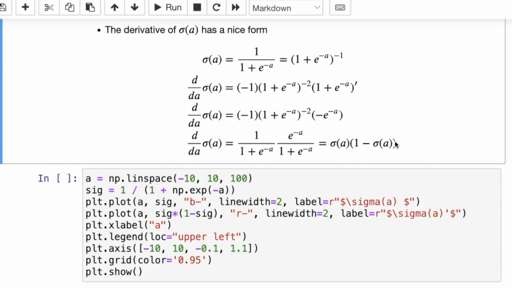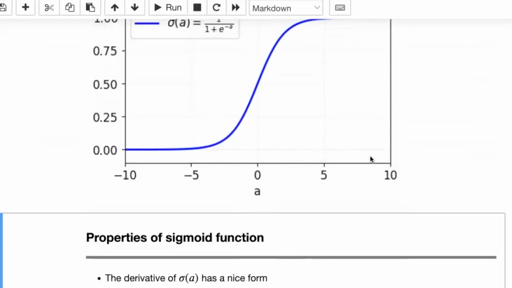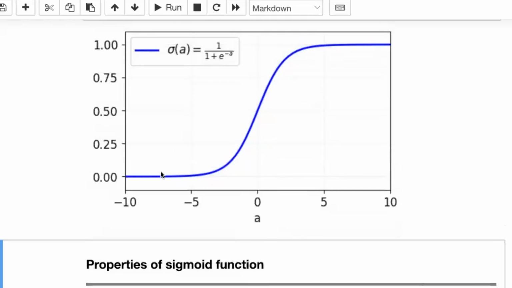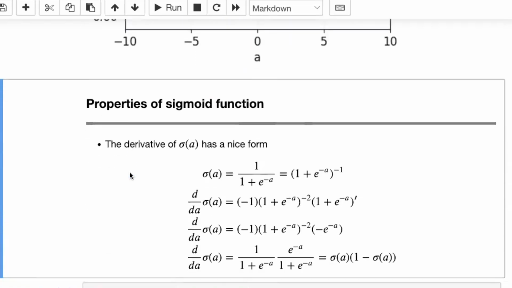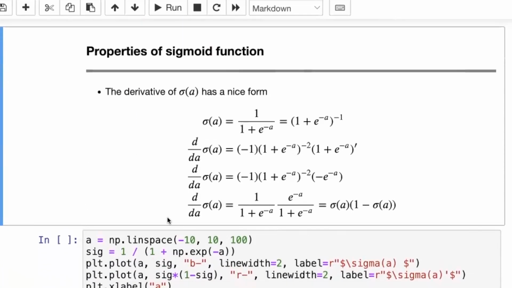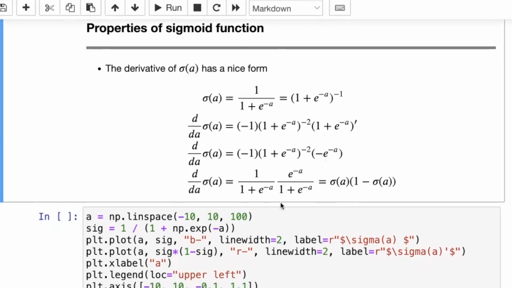So this is a very useful property because this function has a very nice closed form derivative. And in practice, yes, you may be able to define different functions that have the same range, meaning that the output is always from 0 to 1, but then those functions may not have such a nice property. And since we need to find gradients and derivatives that we talked about before, this can be extremely helpful to have this knowledge.